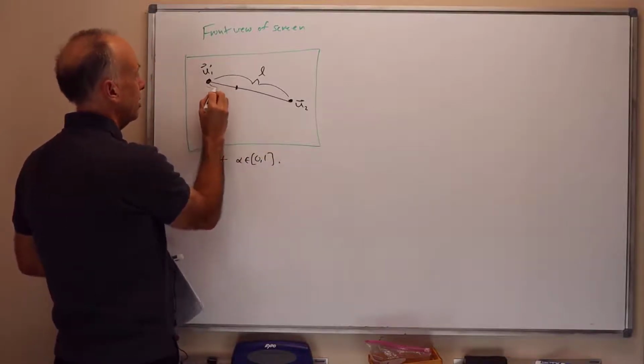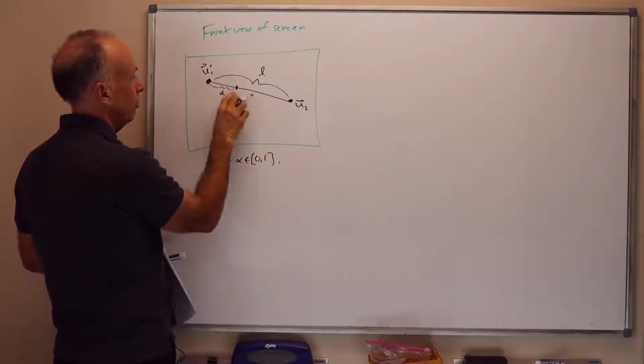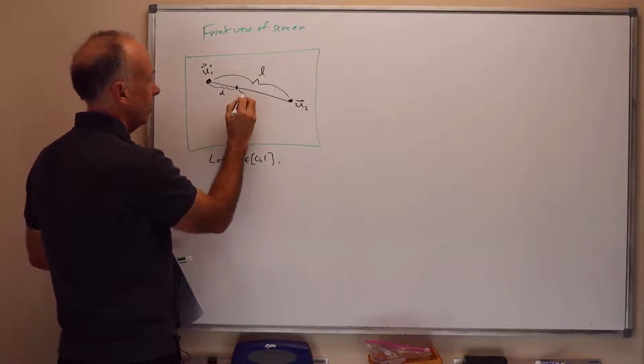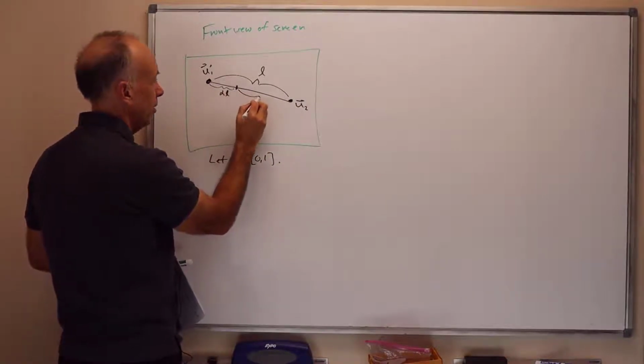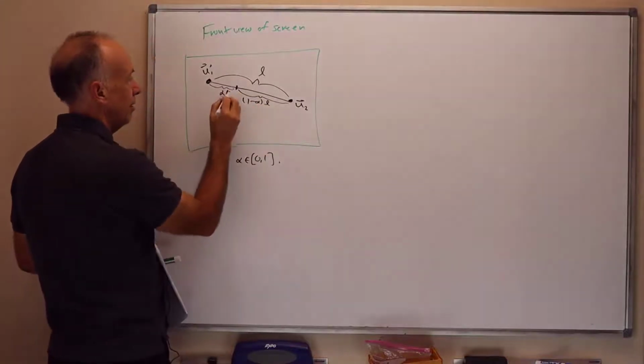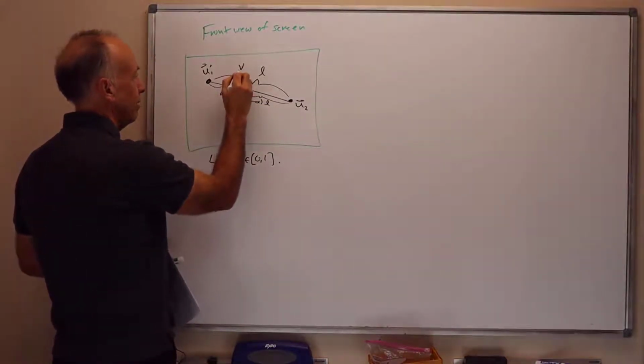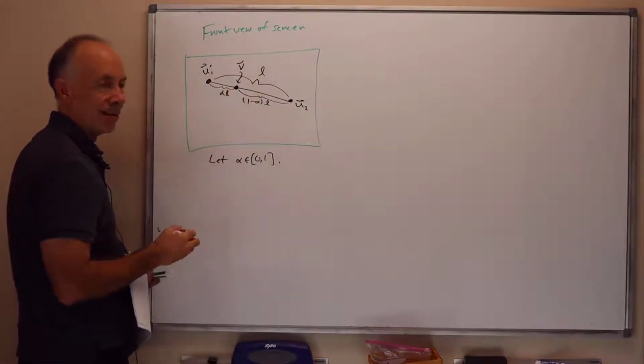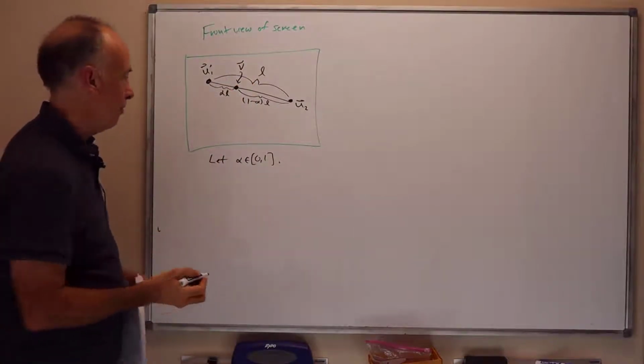We may go fraction alpha of the way from U1 towards U2. So this is distance alpha times L. And this is distance 1 minus alpha times L. And here's a vertex V in the middle. More or less the middle. Actually, not the true middle. It's alpha of the way across.